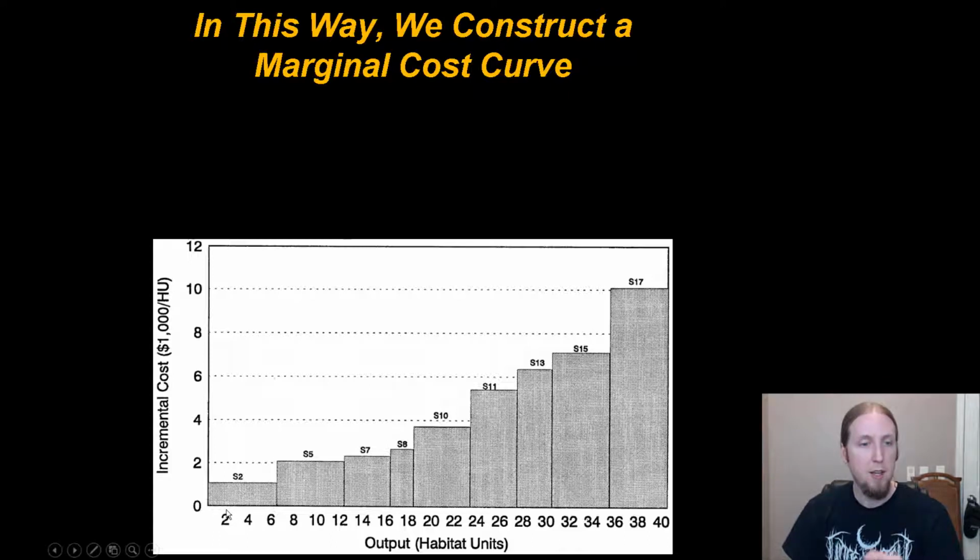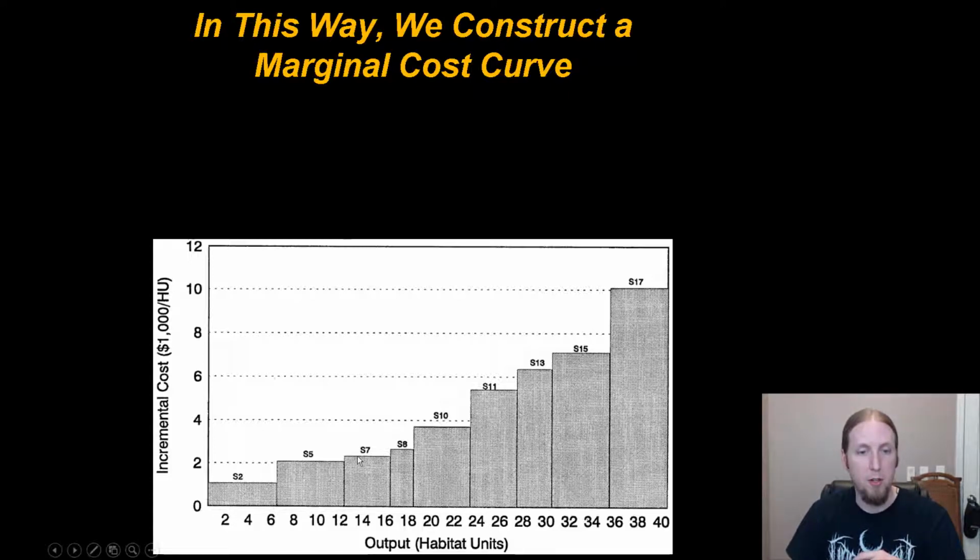What you can see here is that the width of each bar associated with each project tells you the incremental gains in habitat units that you would get from that particular strategy. And the incremental cost is on the y-axis of how much it's going to cost for each of those additional habitat units.